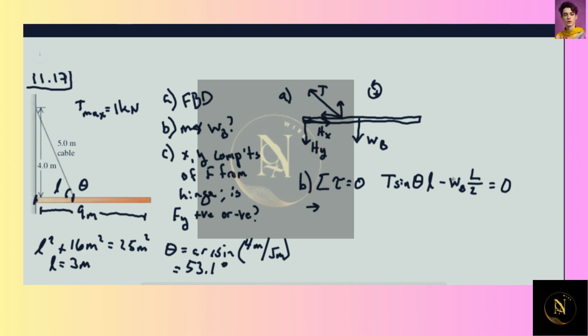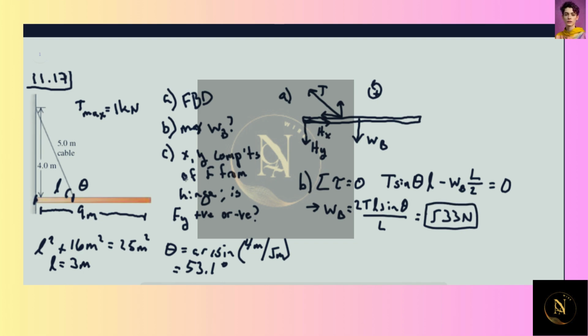And so then solving this for the weight, we have T L sine theta over L over 2 is equal to the weight. And again, using our 1 kilonewton maximum tension gives us the maximum weight, which is going to be 533 newtons.